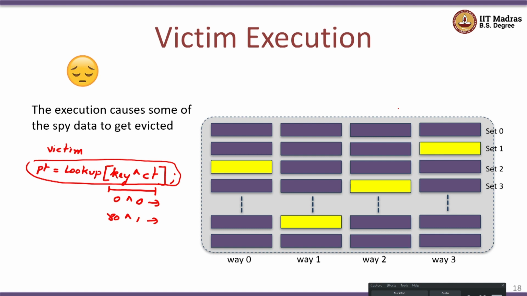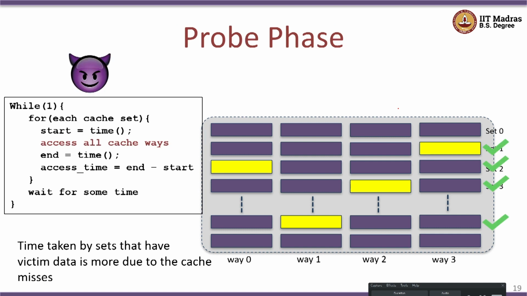Now we have the third phase, the probe phase of this attack, where the attacker, the spy process, continues to execute this while loop. As before, it starts to access each cache set and identify the time taken for each cache set.